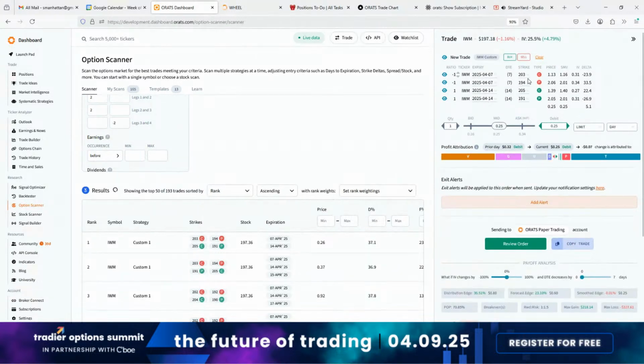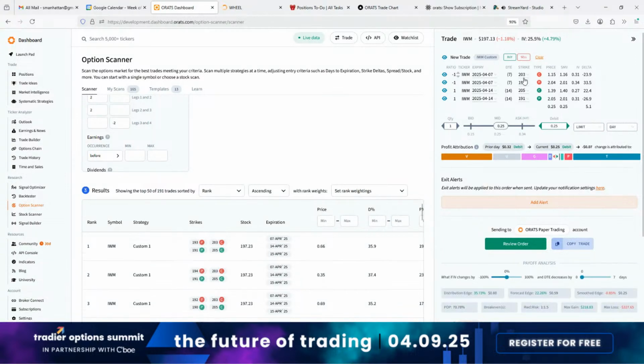So if it goes way up, I know I'm going to lose. If it goes to 210, the 205s and 203s are going to be 100 delta basically. Since we're short the lower strike, we're going to lose the difference, the $200. And we're not getting credit, we're paying.